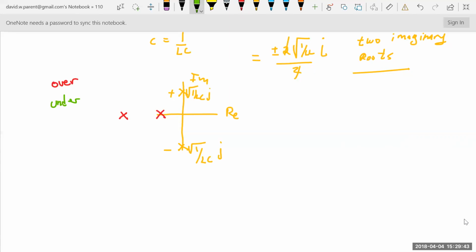Under is 2 complex. And that means you have a real and an imaginary part. All right, maybe it's a little bit tricky, but that'd be like this, right? There's 2 complex, where 2 real, right? Real is real. Complex has both.